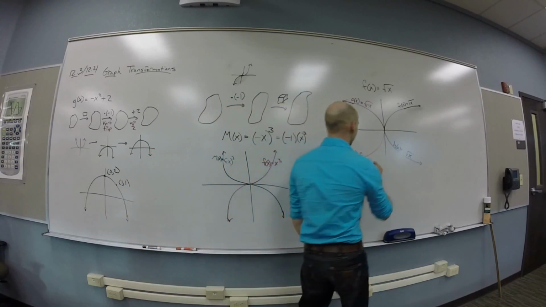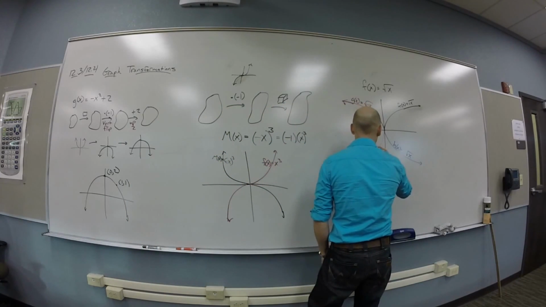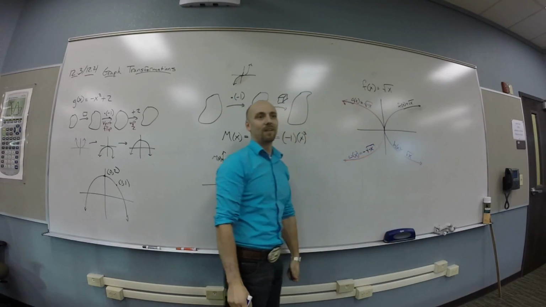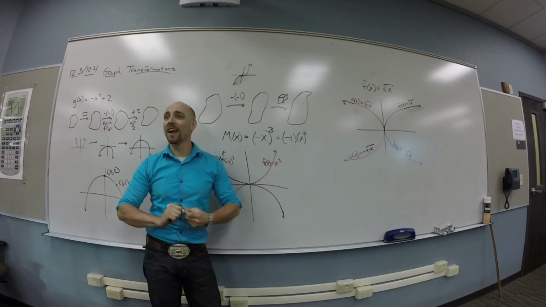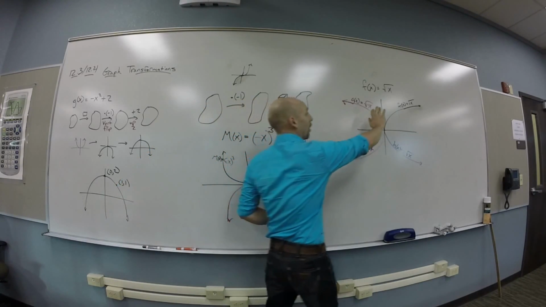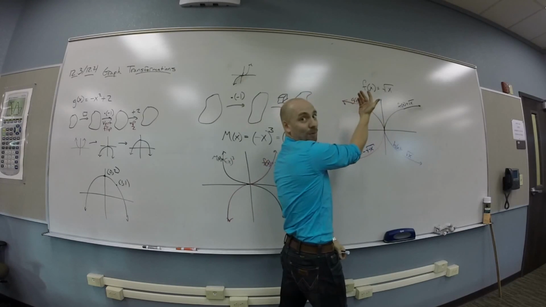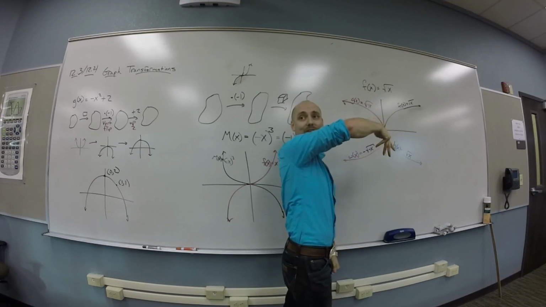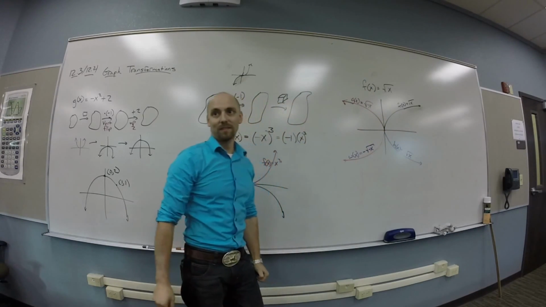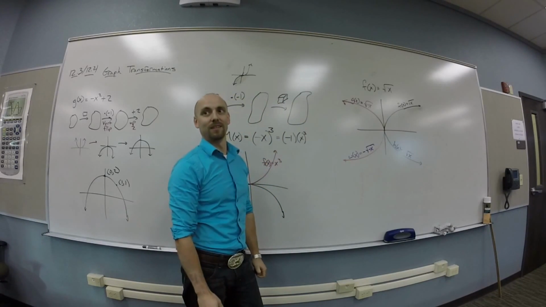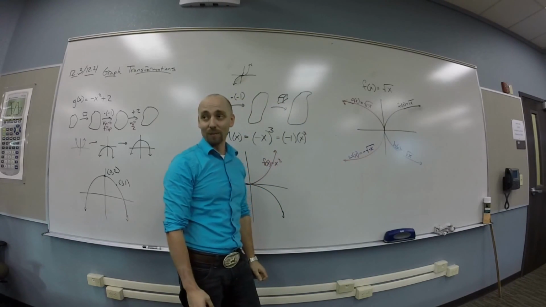Good. That's negative root minus x. And I think about that as a horizontal flip first to the purple, then a vertical flip to the red. You guys see that? That one's sort of fundamentally confusing.